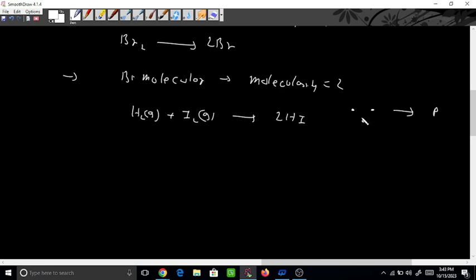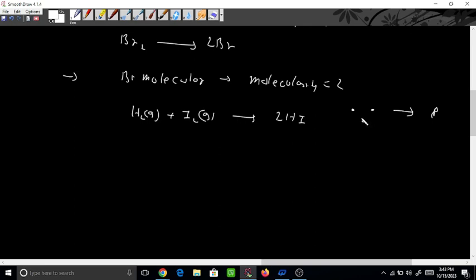Of course these two can collide, so this one will be left; these two can collide, so this one will be left. You understood what I am saying? All the three molecules should collide at the same time. If this collides with this one, some other product will form. So to form the exact product, these three molecules should collide at the same time. That's what I want to say.